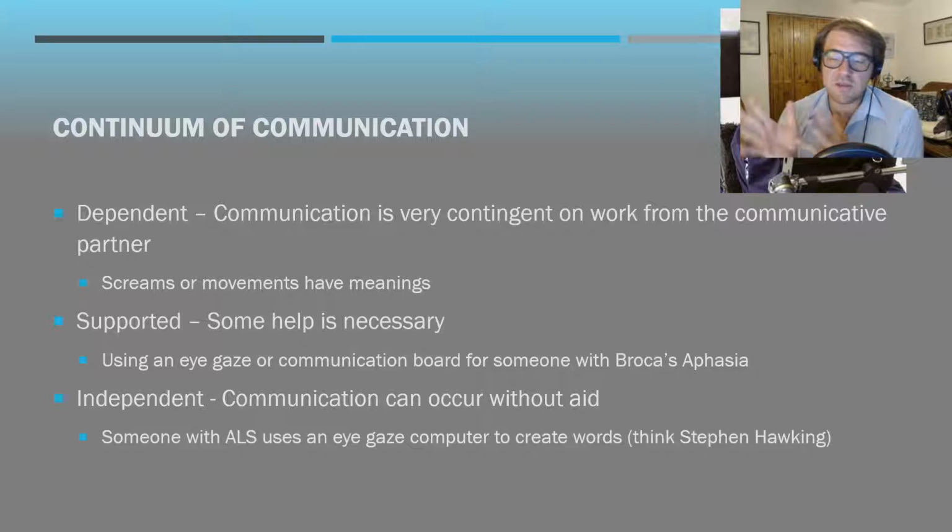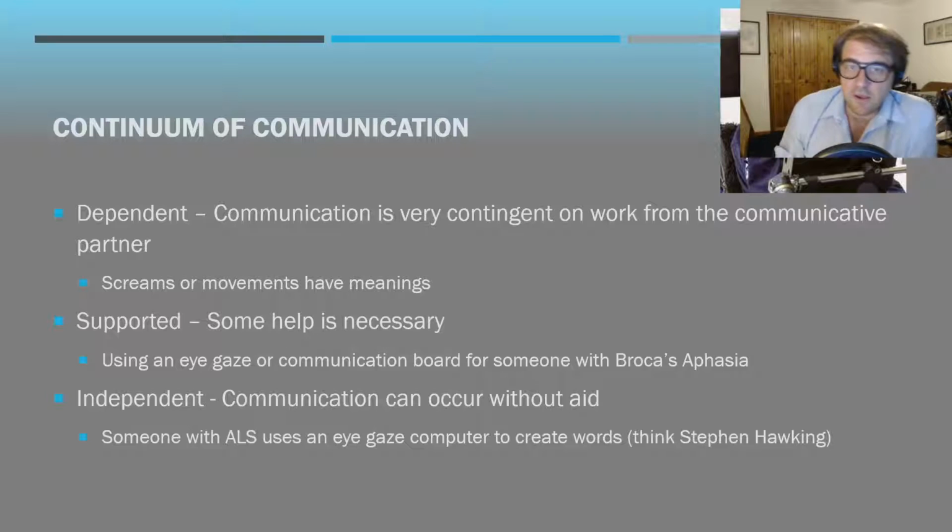And then we've also got independent communicators. And here is where Stephen Hawking fit in before he died, because his communication board, his eye gaze device, was essentially like a computer keyboard. And he could look at different letters and essentially type out an entire message. And that's what he did for his lectures and talks that he would give, TED Talks, lectures, all sorts of stuff like that.